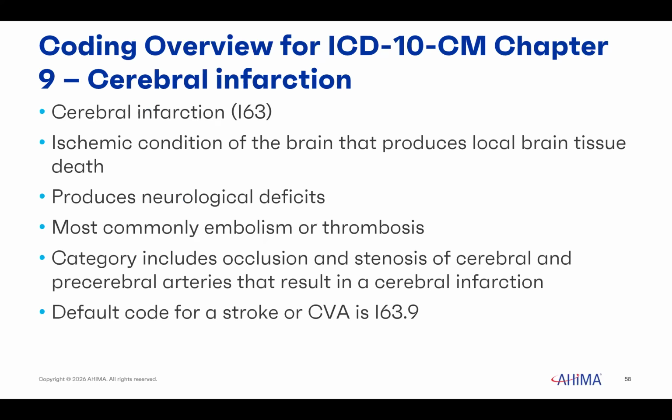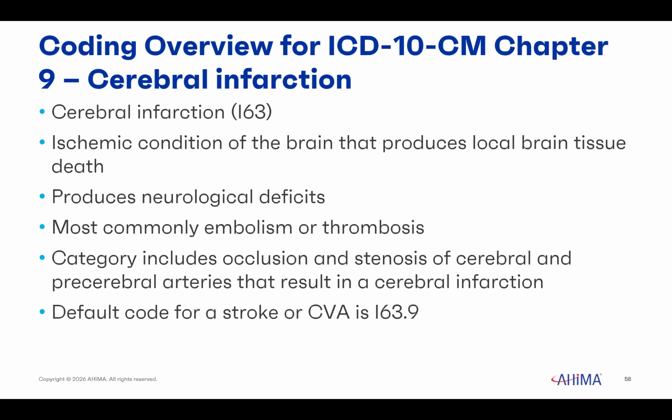A cerebral infarction is similar to what we saw with the AMIs, except it's happening in the cerebral arteries. This results in ischemia to the brain and produces local brain tissue death. Also, this results in neurological deficits. This could be weakness, hemiplegia, hemiparalysis, cognitive deficits, and all different types of things.